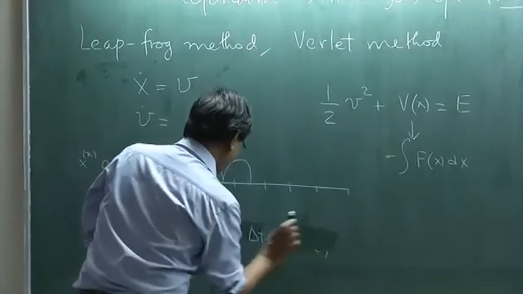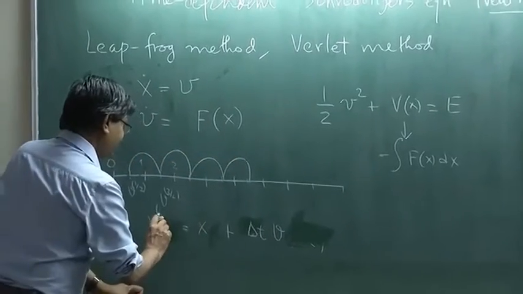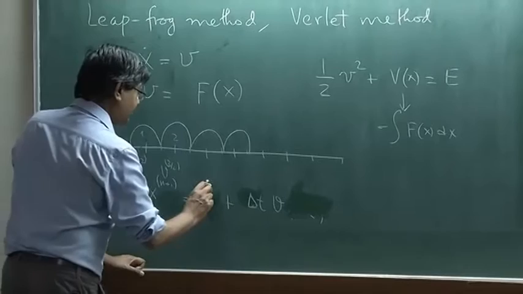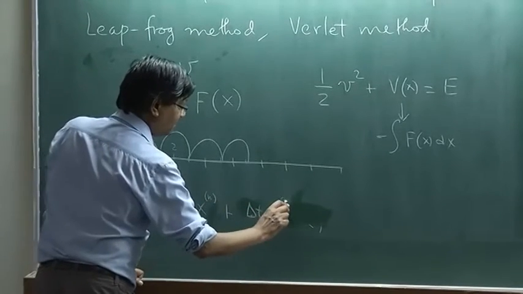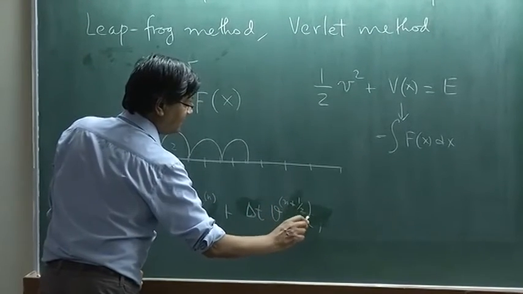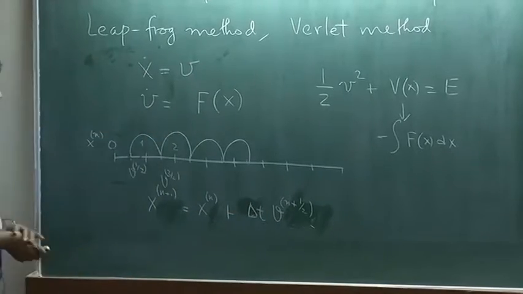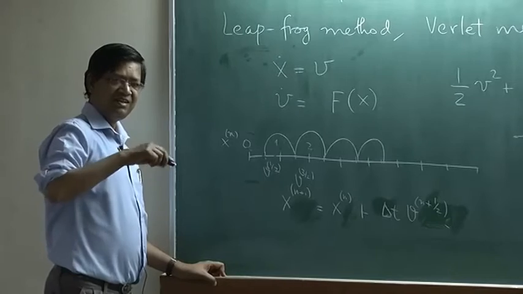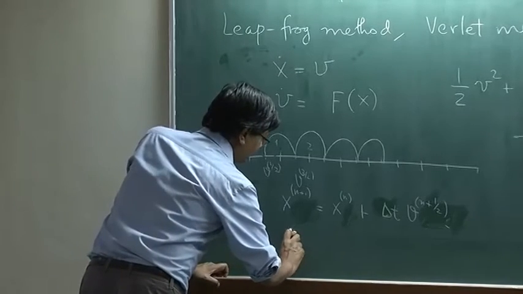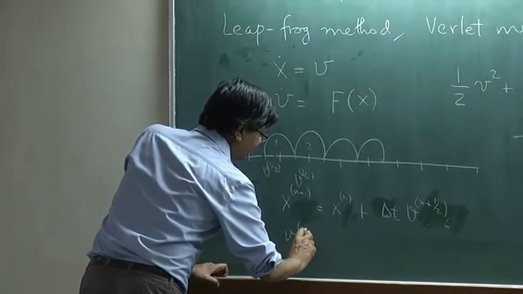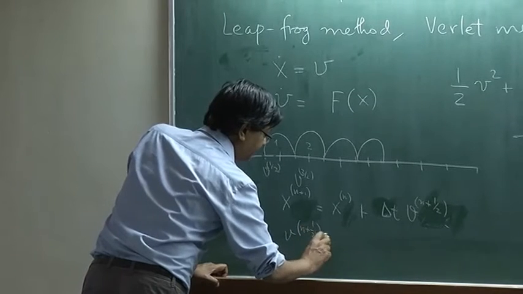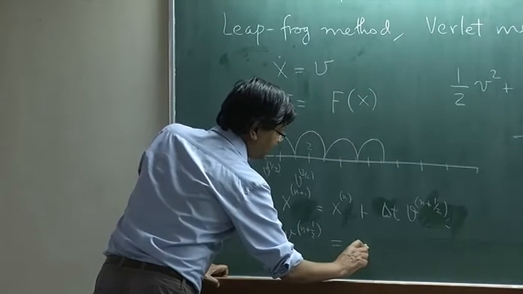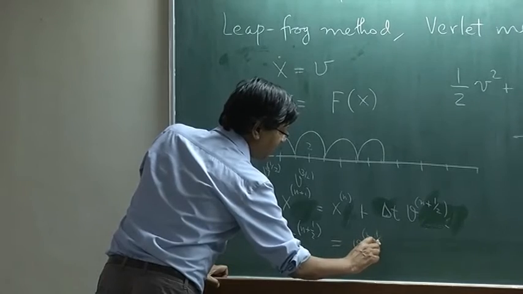Let us write it like x_{n+1} = x_n + delta t v_{n+1/2}. The time index we put up, and whatever the velocity is, it is at the midpoints. So v_{n+1/2} will be the velocity at n minus half, plus delta t times the force.